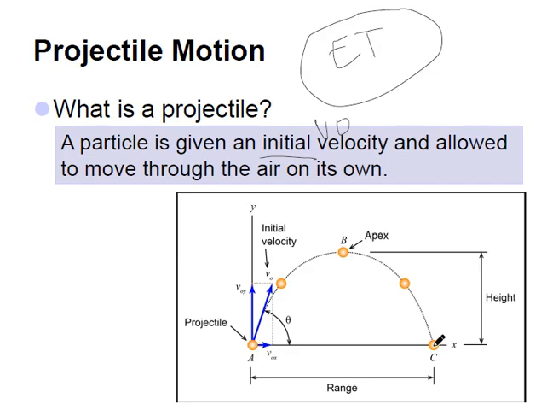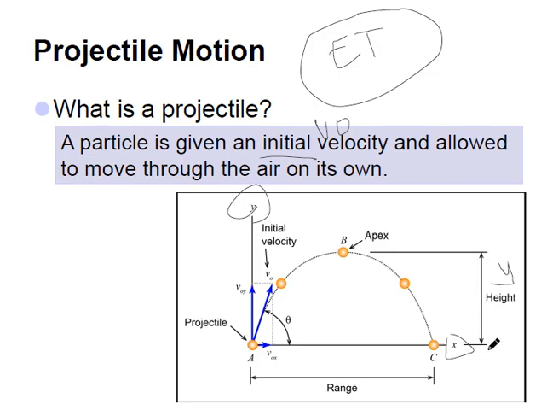and ended up right here at C. If you look at the start point and the end point, the location on the X is going to be this, and we call that the range of the projectile, on X. And then of course the height of the projectile is on Y, and the highest point is B, and this is a distance which you can get from the Y coordinate axis number.